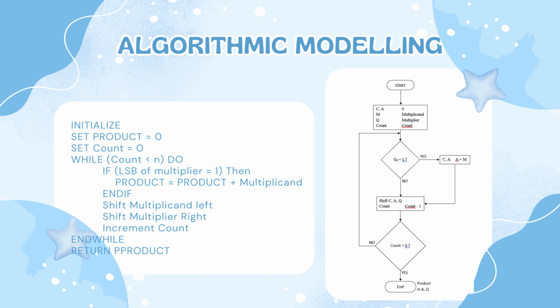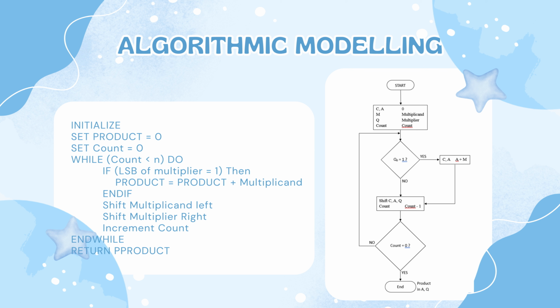Then shift the multiplicand left and shift the multiplier right to process the next bit. Finally, we increment the counter and repeat the process until all bits are processed. Last, termination. Once the counter reaches n, the final product is stored in the register and written.